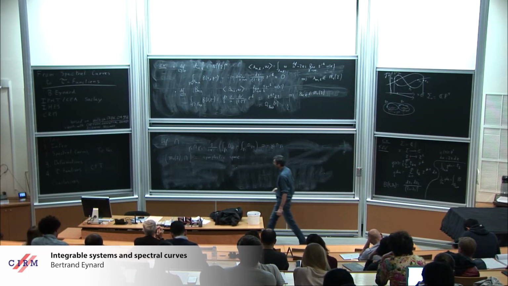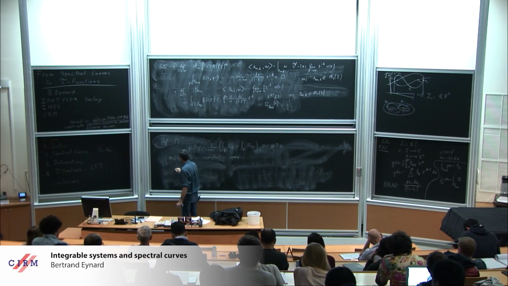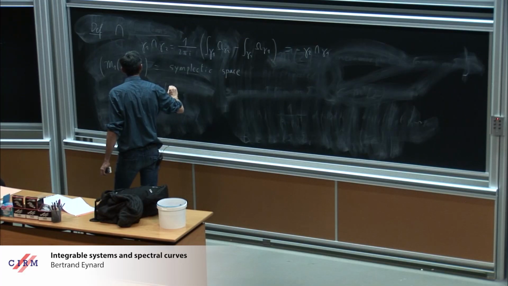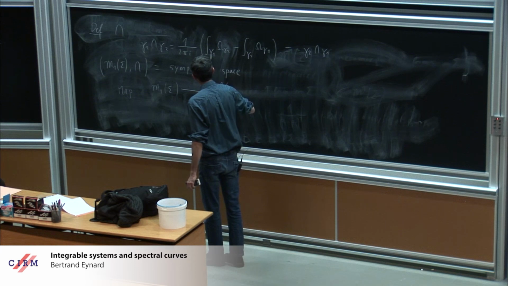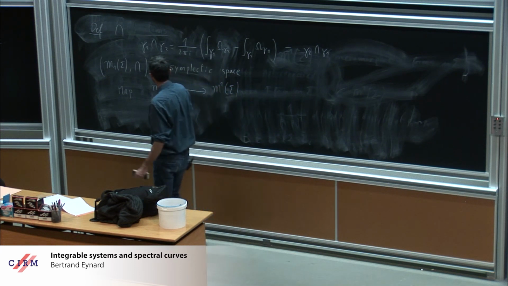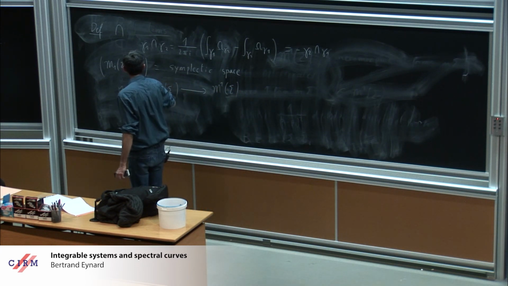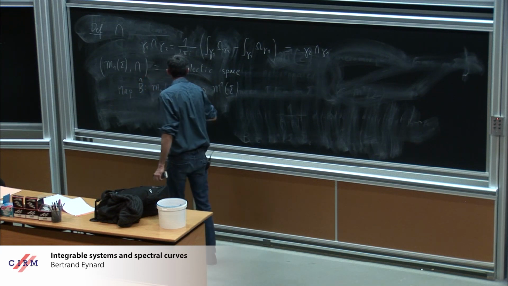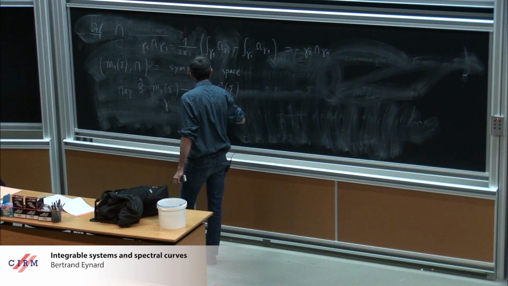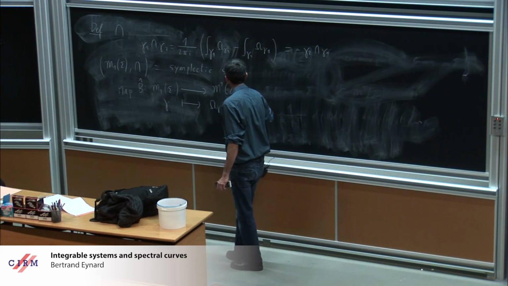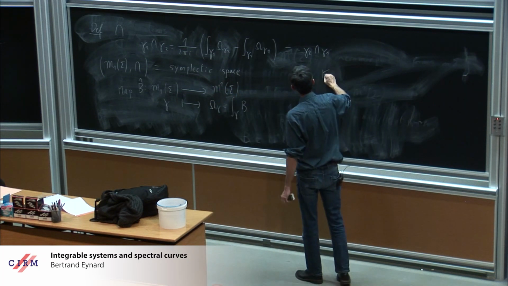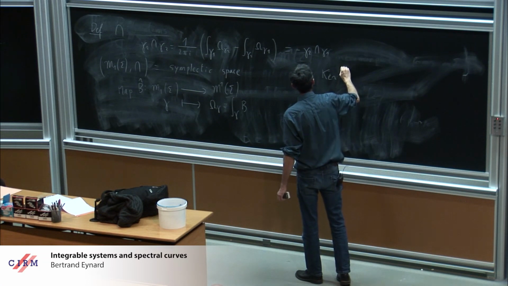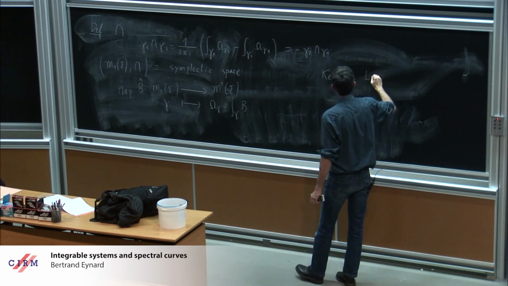And we have a map from M1 of sigma, the generalized cycles, to meromorphic forms, which I will call B hat, which to a cycle gamma associates what I called omega gamma, the integral over gamma of B. Just a remark is that the kernel of that map is a Lagrangian.